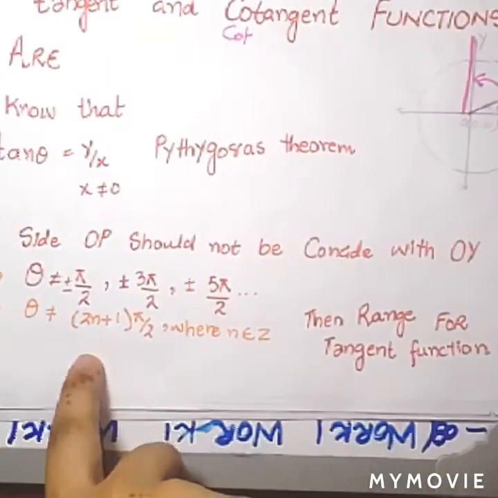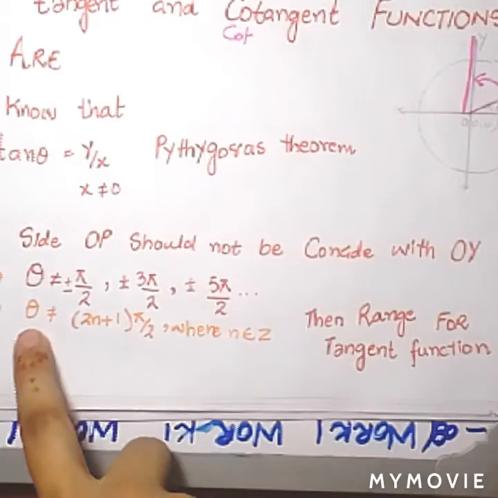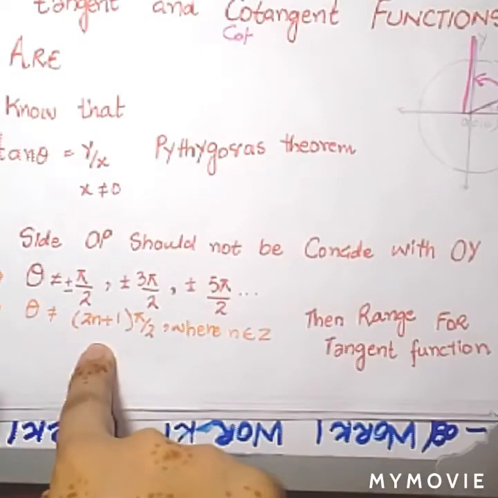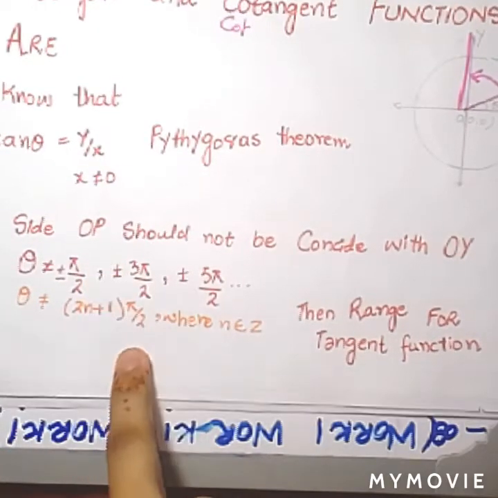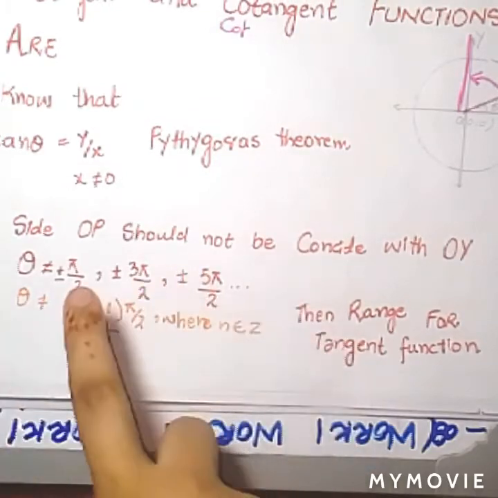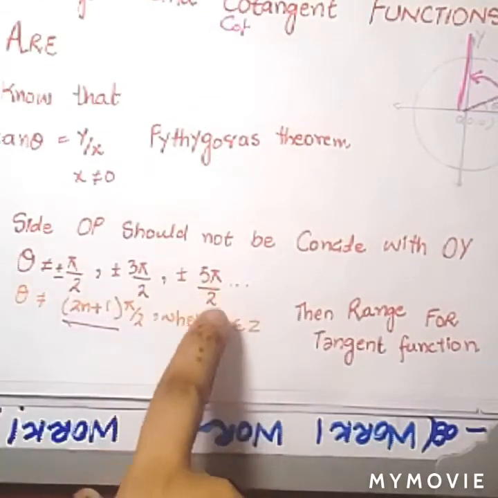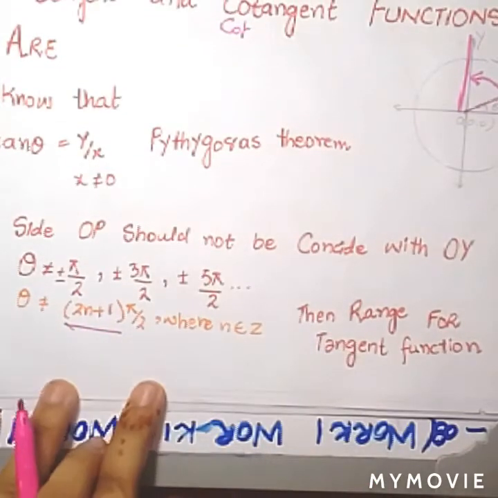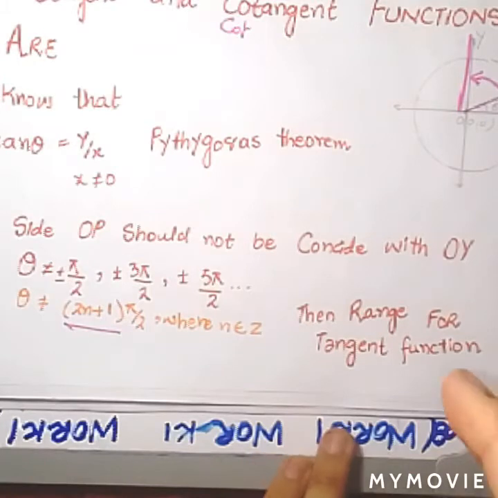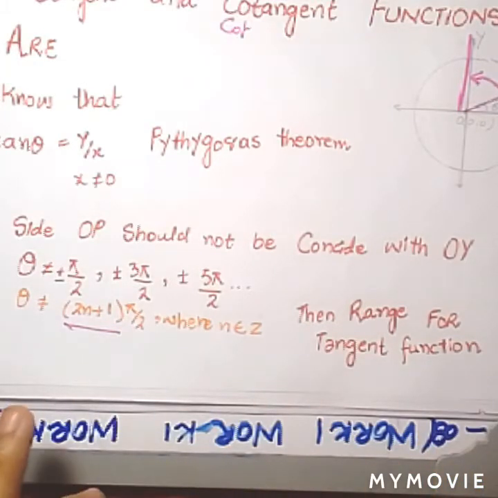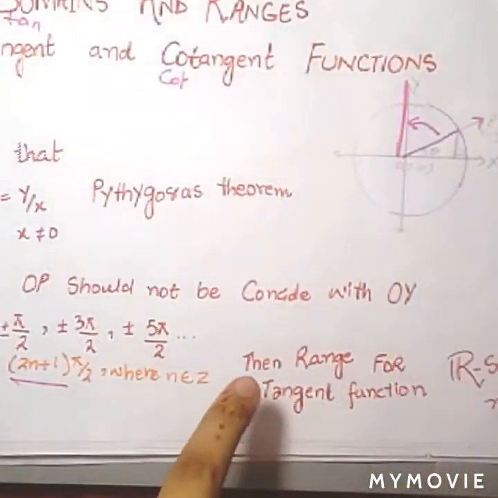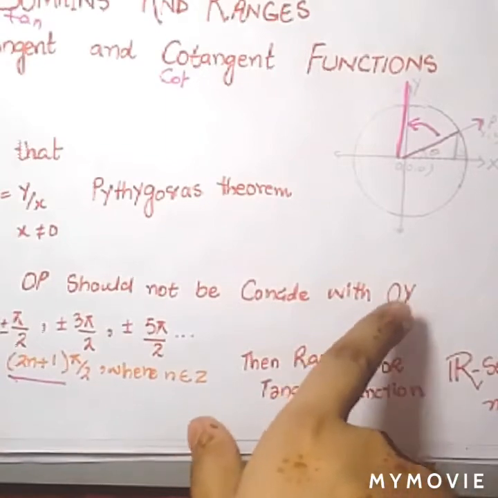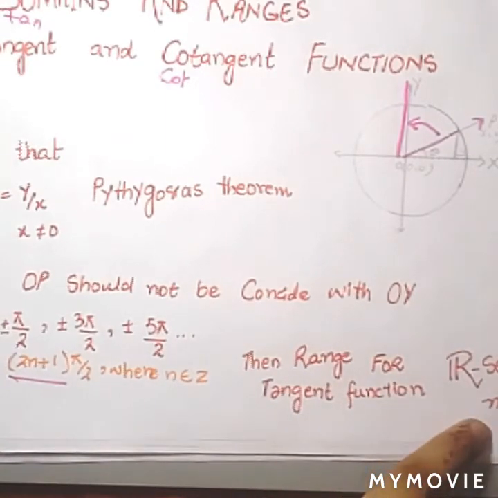In general, theta cannot be equal to (2n plus 1) pi by 2. It means pi by 2, plus or minus 3 pi by 2 and so on. We can write it in short like this. Okay, and on the board you can see it is not included, don't confuse it. The range for the tangent function is the set of all real numbers.